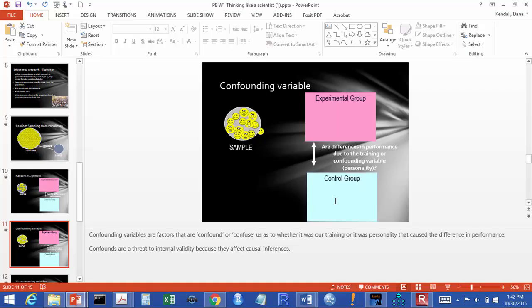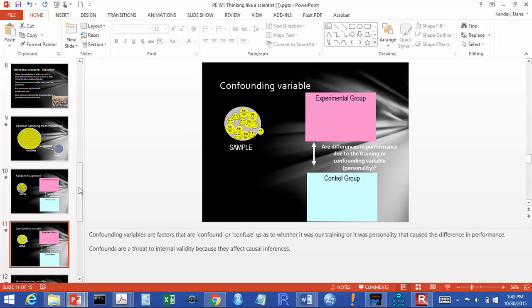And so if we see differences later, how do we know if they're due to the program itself or to the characteristics of the people in the group or a combination of the two? And the answer is we do not know. So random assignment is a good way to fix that issue.